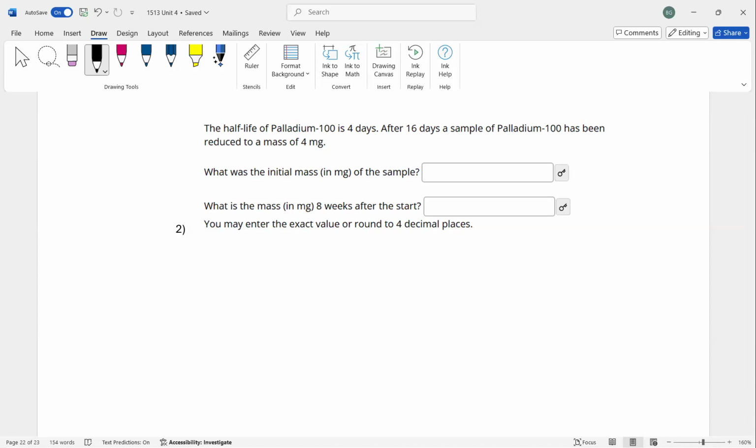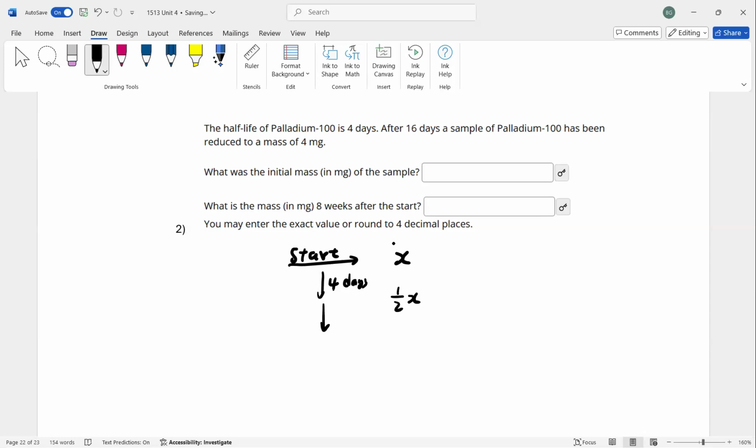So the initial mass, the starting point, we don't know. That's what we're trying to figure out, right? And the half-life is 4 days. How about we use x here? Initial value is x. After 4 days, it should be half x, right?